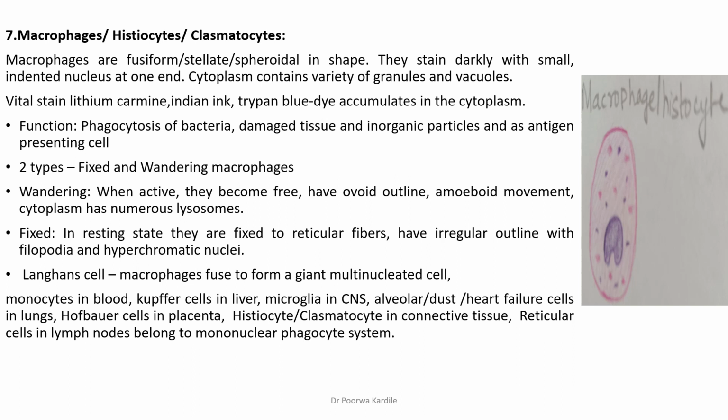Then there are the Kupffer cells in the liver, microglial cells in the central nervous system, alveolar cells of the lung, and Hofbauer cells in the placenta. These are all examples of the mononuclear phagocytic system. And the reticular cells in the lymph nodes also belong to the same group.